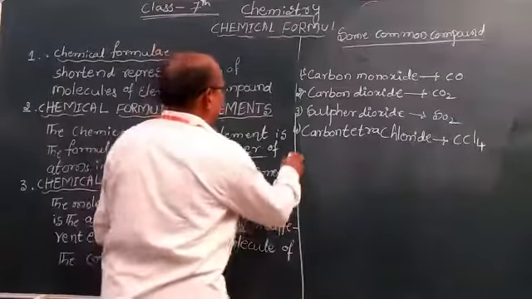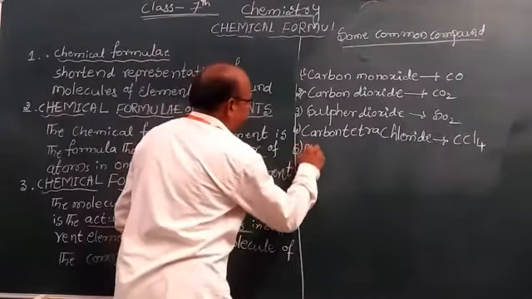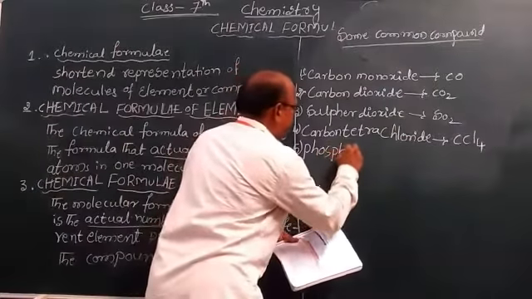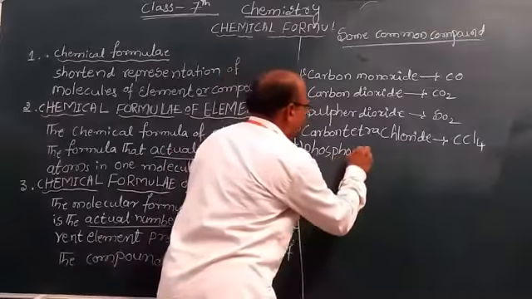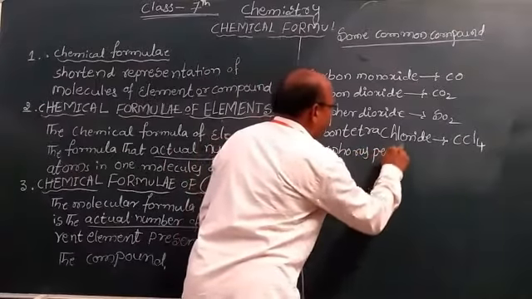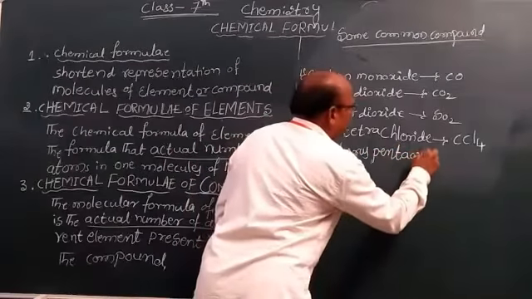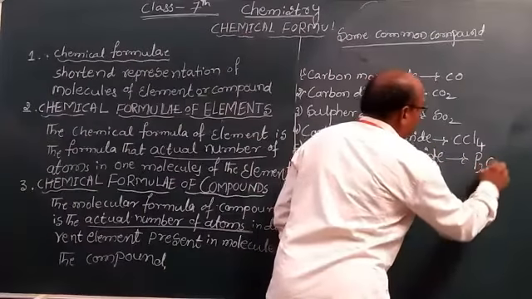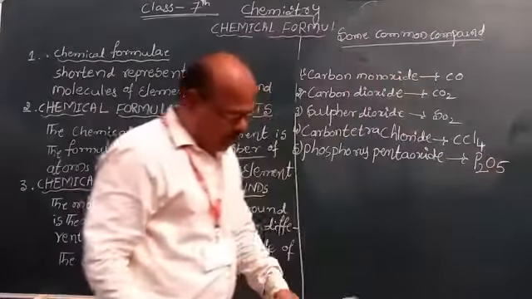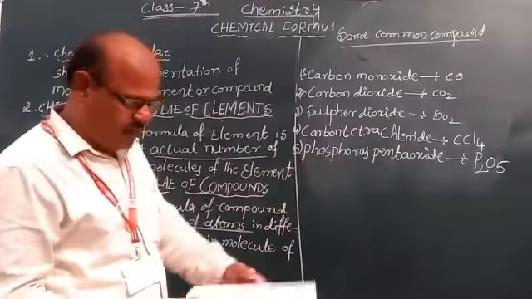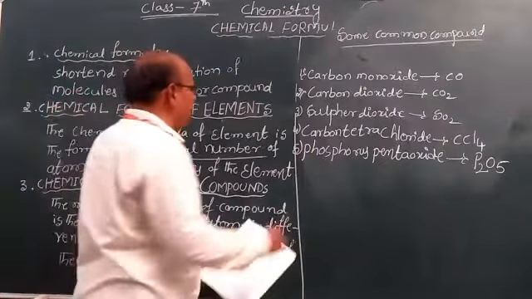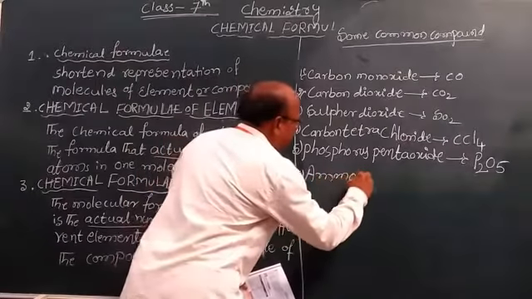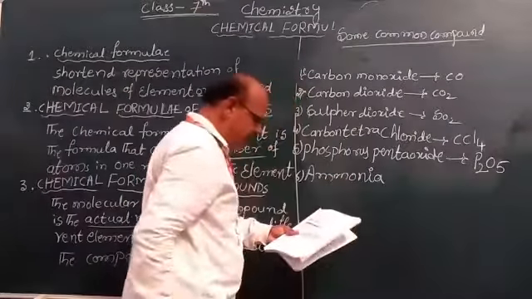Next one is phosphorus pentoxide, P2O5. This is the formula of phosphorus pentoxide. The sixth one is ammonia, NH3.